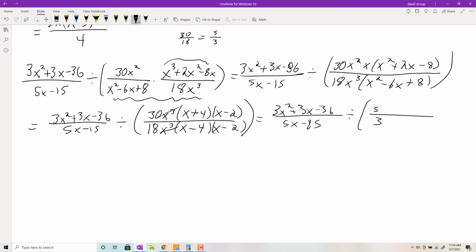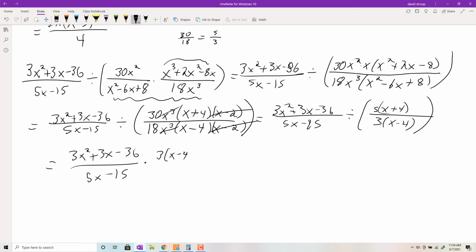The x cubes will go away, x minus 2's will go away, and then I have x plus 4 over x minus 4. Get rid of the division symbol. And we're multiplying. So times 3 times x minus 4 all over 5 times x plus 4.